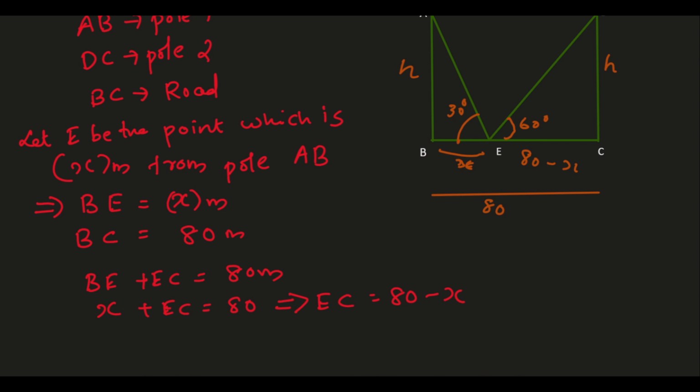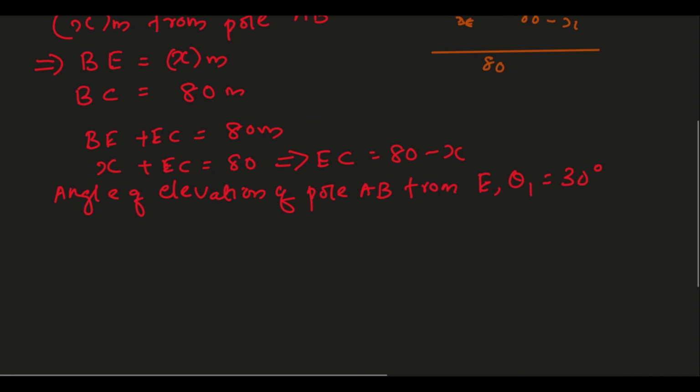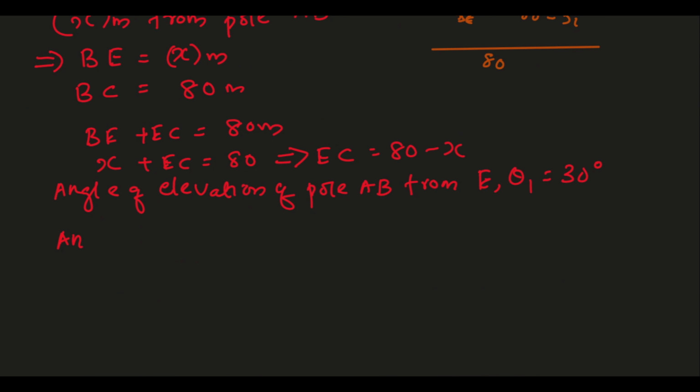Then the angle of elevation of pole AB from E, theta 1, is equal to 30°. The angle of elevation of pole DC from E, theta 2, is equal to 60°.